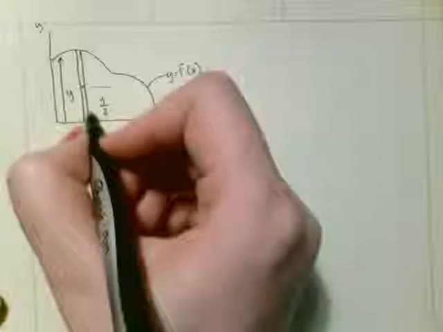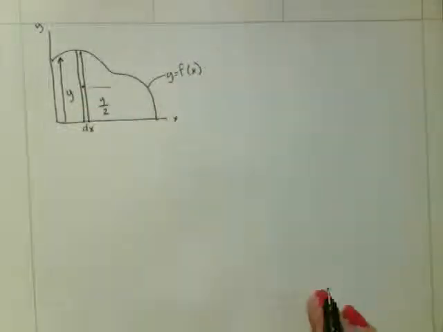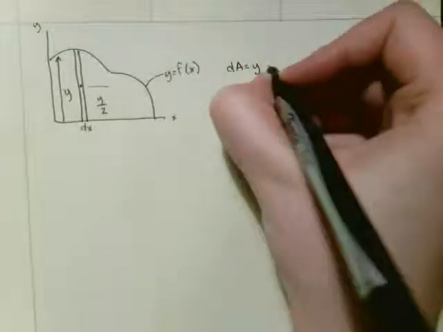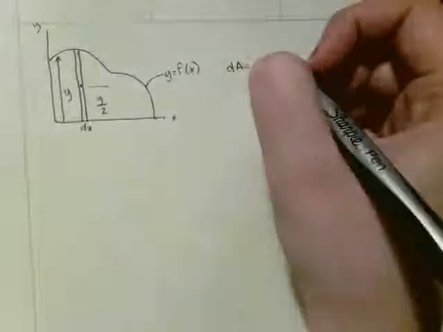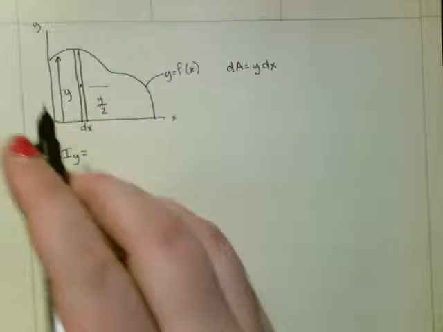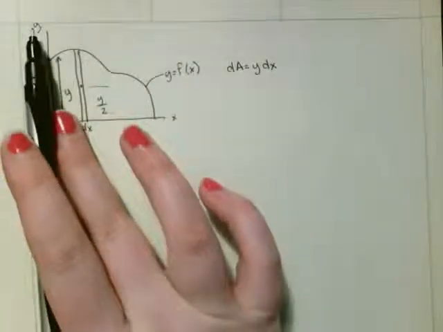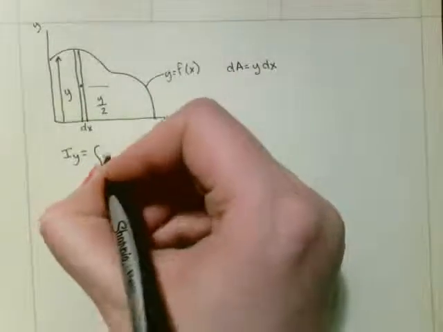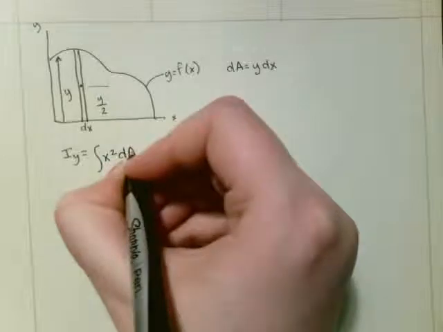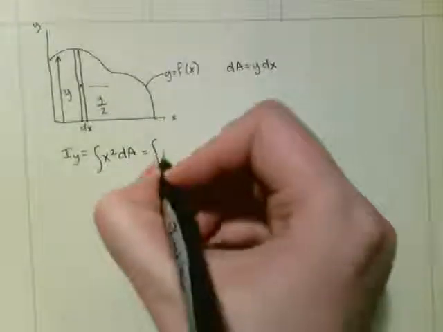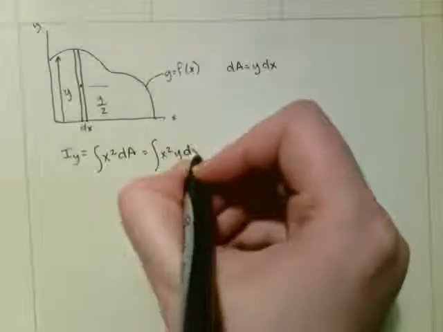And this distance to the centroid of this rectangular element is y over 2. So in this case, our dA is going to be equal to y dx. So if I'm looking for Iy, the element is parallel to my y-axis, so I can just use the formula, the integral of x squared dA. If I put in what I have for dA, it'll be the integral of x squared y dx.